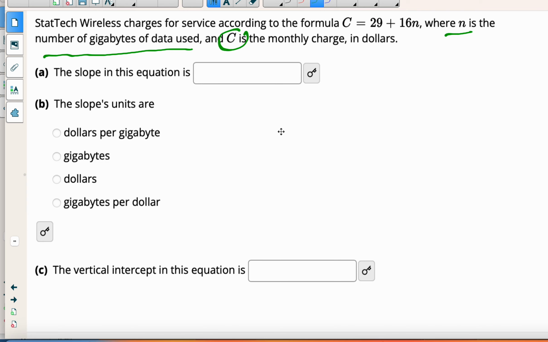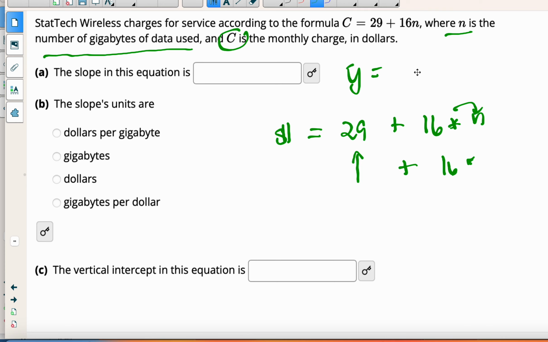So how much I pay is equal to 29 plus $16 times every gigabit, N. I get charged $29 plus $16 times every gigabit, N. So the slope in this equation, well, is this in the form Y equals A plus BX?